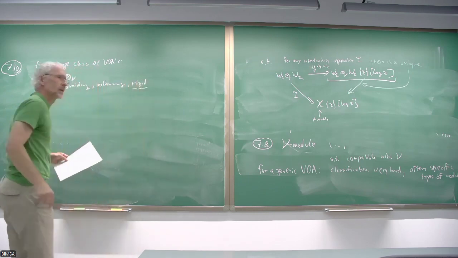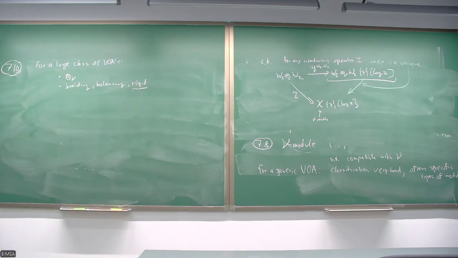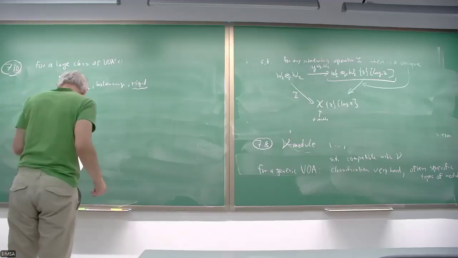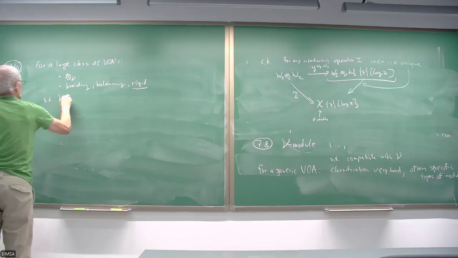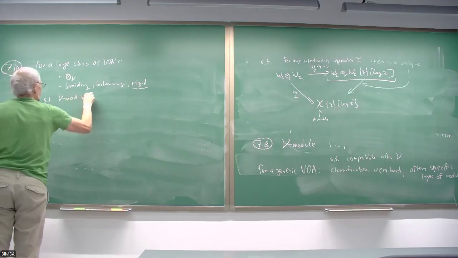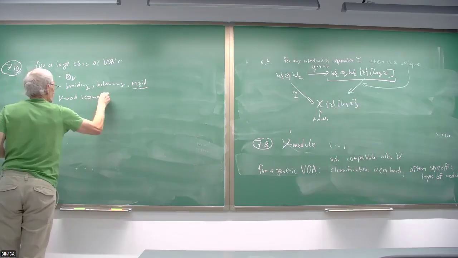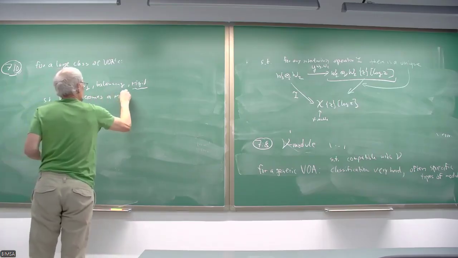And I should say right away, rigidity is the hard thing to get, such that V-mod becomes a ribbon category.